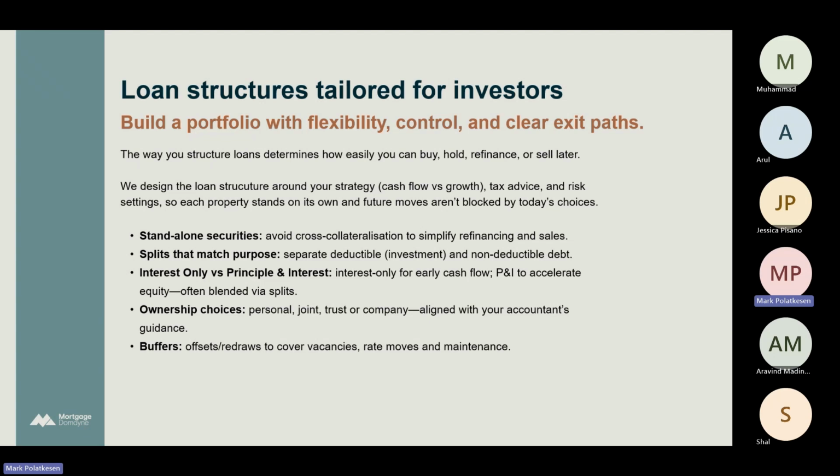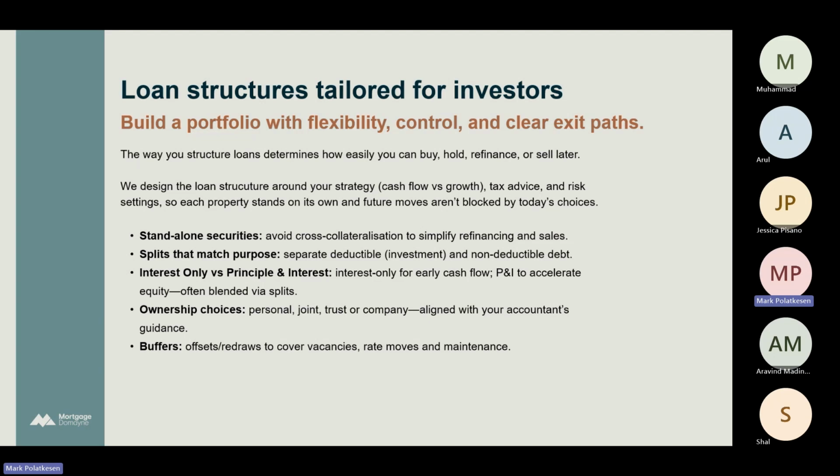Standalone securities always work a little bit better because you don't always need to be with the same lender. You can typically take some equity out of your current house and use that as a deposit against your next property. It just means that each property is standalone and services itself in its own right. You also want to make sure that even though you might be raising some equity against your owner-occupied property, you've got the right type of splits or the right structure.